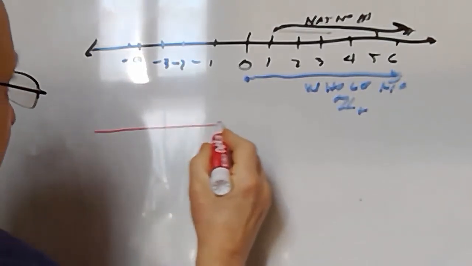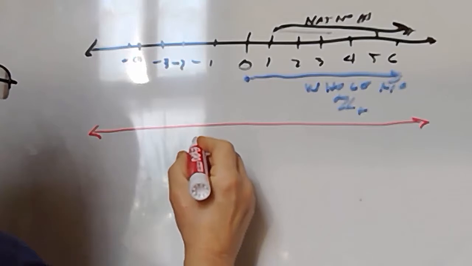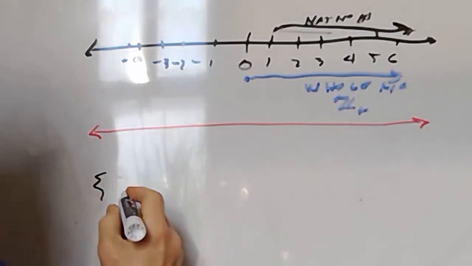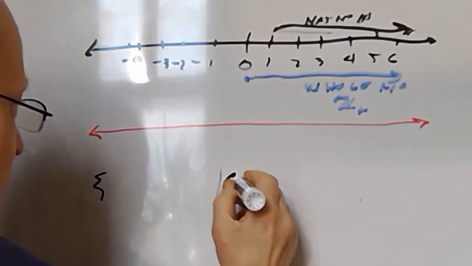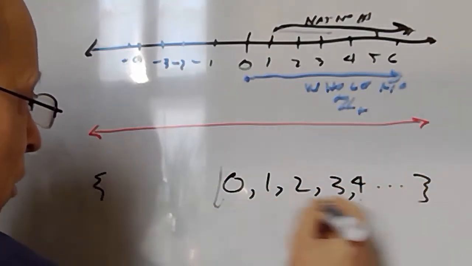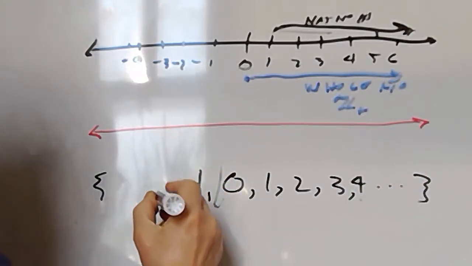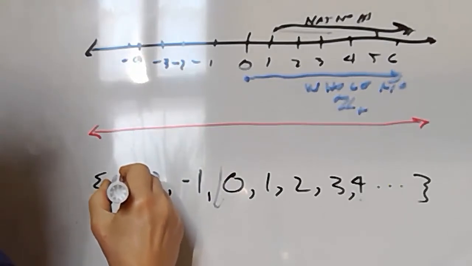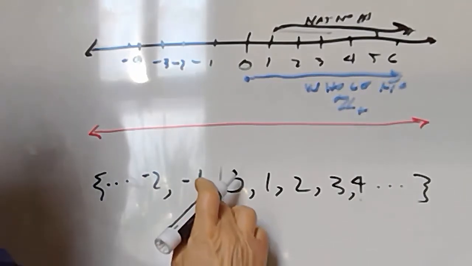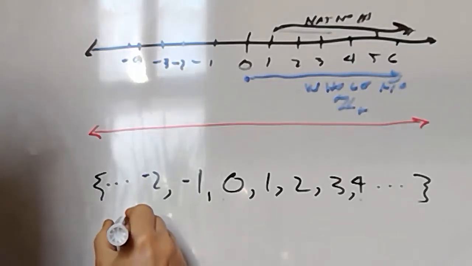So from here, which would include all of these, both the positive and the negative numbers, these are the integers. So the integers are the set with 0, 1, 2, 3, 4, which are our whole and natural numbers, but also include -1, -2, etc. So that means it goes all the way smaller and smaller in the negative world, and yet it goes bigger and bigger in the positive world, and we call these the integers.